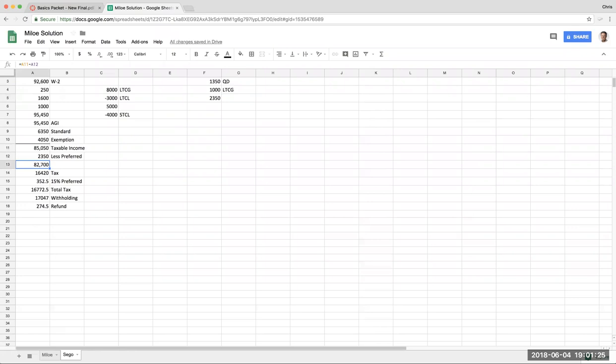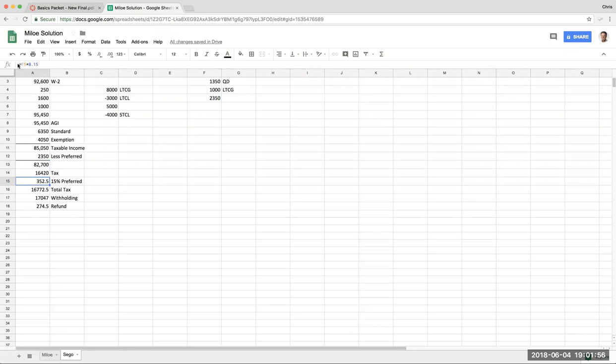And I'm going to use that as the number I look up in the text to figure out the tax. And then once I figure out that tax, because if I look on the inside flap of my book, I can see that Lily is single, and if she has $82,000 in income, she's in the 25% bracket. So that means her preferred stuff, this $23.50, is going to be taxed at 15%. So I look up the tax on the $82,700, and then I tax the $23.50 at 15%.